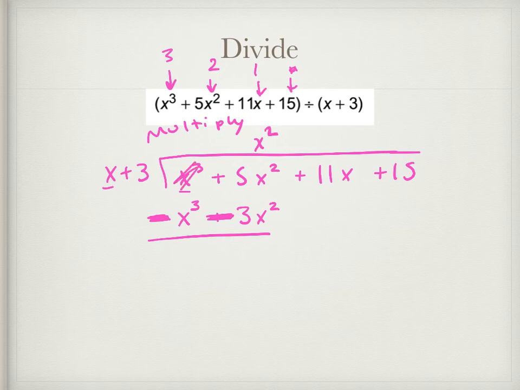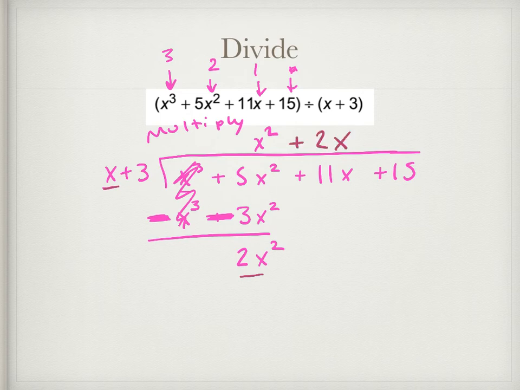What's next? So the x cubes cancel. 5x squared minus 3x squared gives us 2x squared. What's next? So what times x gives us 2x squared? 2x. So plus 2x.